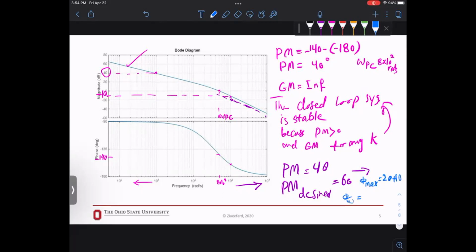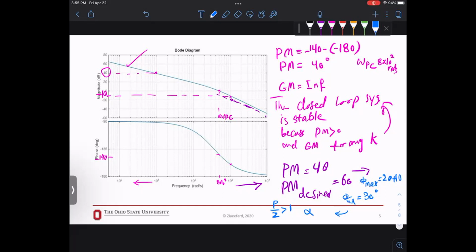So phi max is 30 degrees. From this, you find alpha, which is the relation between pole and zero, greater than 1, whatever alpha is. Choose a value for pole and zero, as long as the ratio is alpha, it is acceptable. Then form your lead controller.